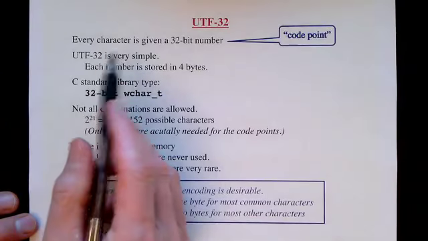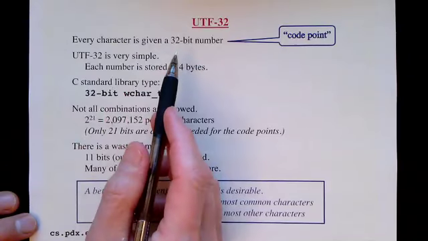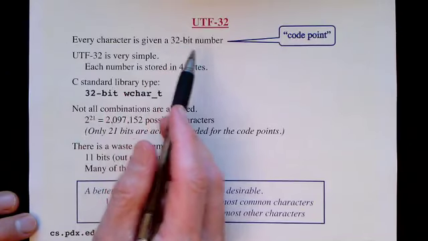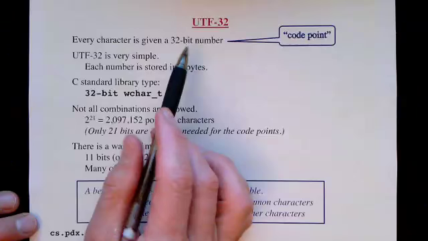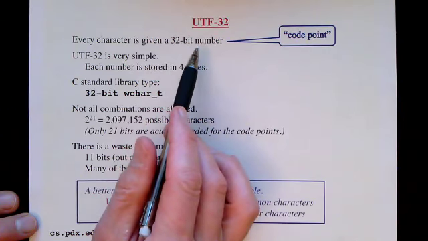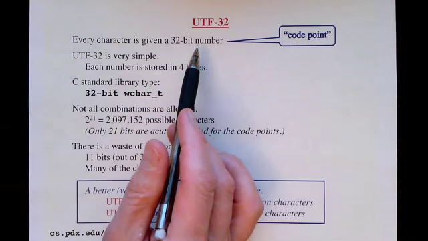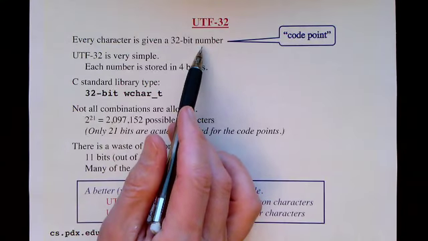Now let's talk about how we encode the characters, how we represent them in computer memory. As I said, every character is given a number, and in general this number can be as much as 32 bits, although I'll qualify that in a second. This is called the code point for a character. Each character has a number, and that number is its code point.